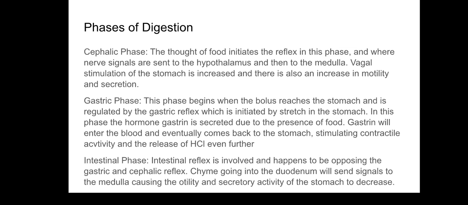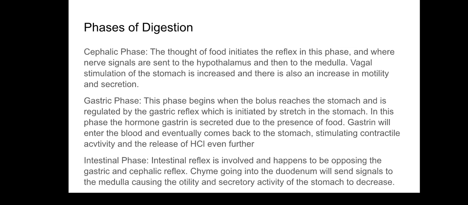Next is the gastric phase, and this phase will begin whenever the bolus goes into the stomach and is usually regulated by the gastric reflex, which is initiated by a stretch in the stomach.